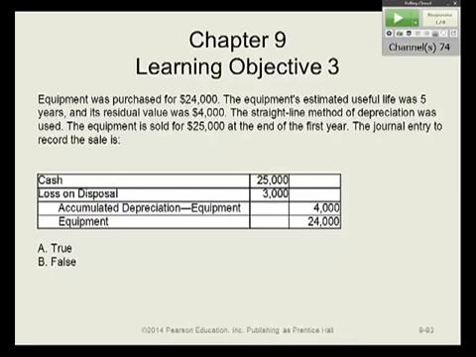If you sell it for 25 in this case, and the entry shows a loss, does it make any sense? If you sell it for 25 rather than 18 this time, instead of having a loss on sale, you have a gain, and that gain is 5. So the answer to that one is false. There's no loss in that case, there's a gain.